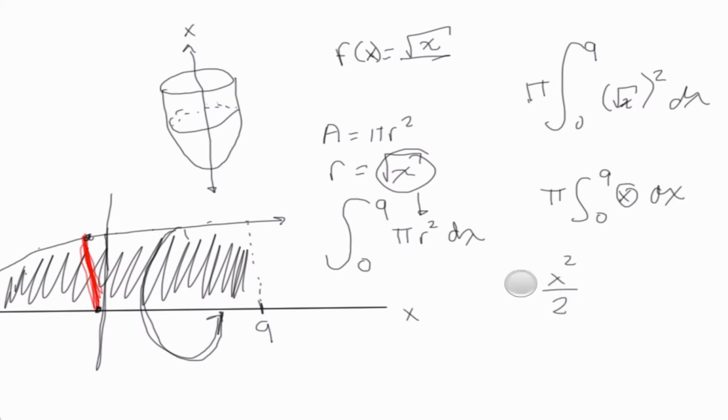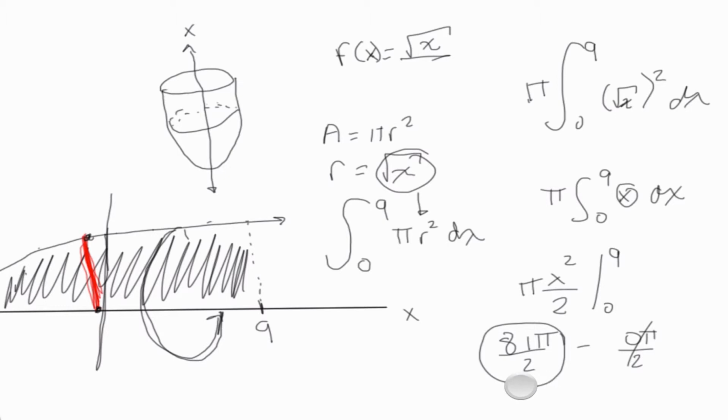And I'm going to be multiplying that by pi, the constant that's just brought down here, and evaluating that from 0 to 9. If I plug 9 in there, I'm going to get 81 pi halves. And I'm going to be subtracting 0 pi halves, which obviously is just going to be 0. So the volume of that whole thing is going to be 81 pi halves.